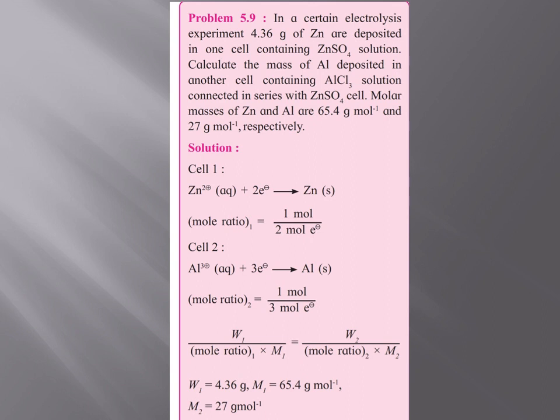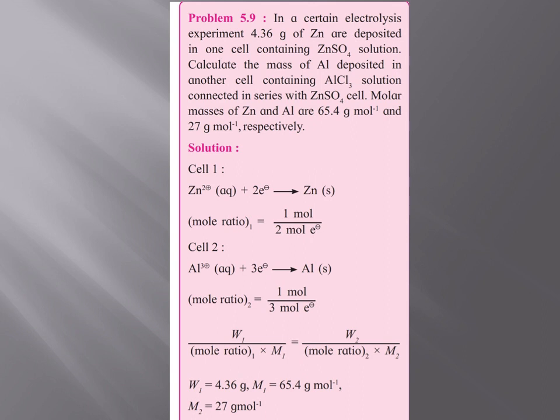Then the molar mass of zinc is 65.4 grams per mole. We are supposed to calculate the weight of aluminium, whereas the molar mass of aluminium is 27 grams per mole.